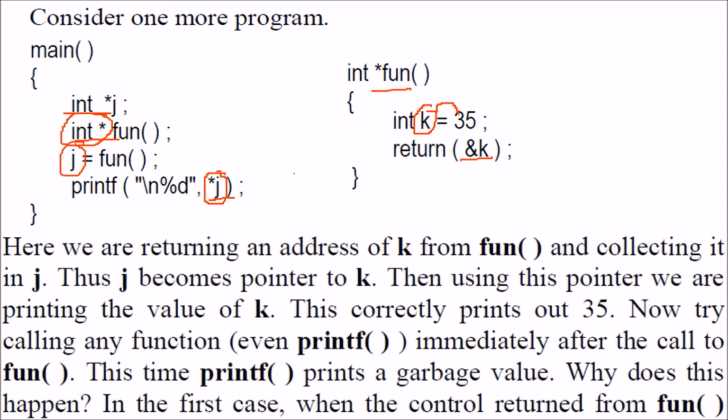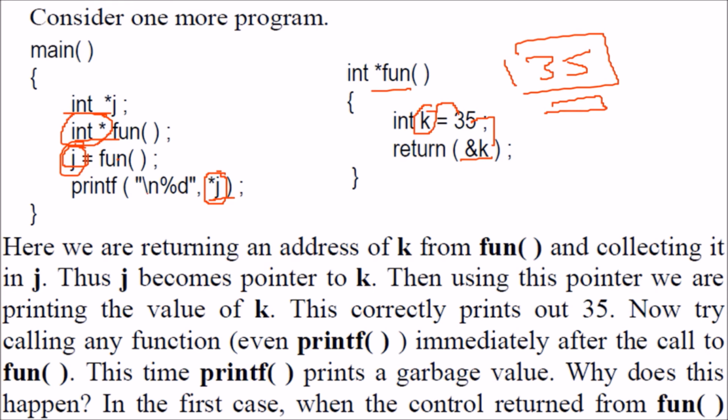What do you assume it to be? When we are returning the address of k from this function and collecting it in j, j becomes nothing but the pointer of k. So wherever the address of 35 is, it has to be printed, right? So this correctly prints 35.